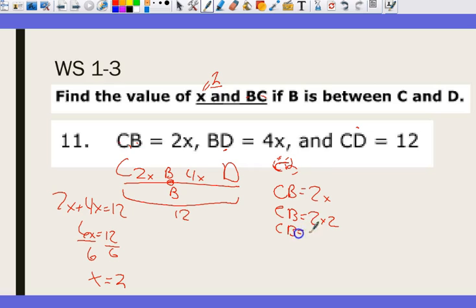CB is equal to 4. So we know this is going to be for some sort of units. If they didn't write X equals 2, and if they did not write BC is equal to 4 units, half credit.